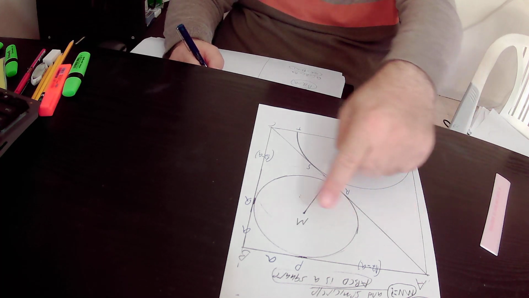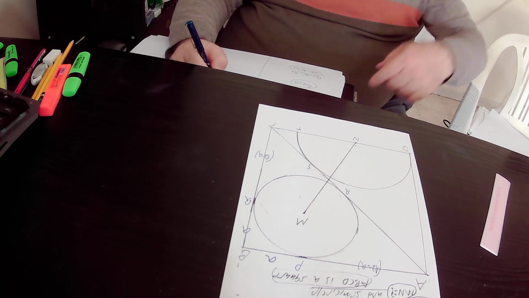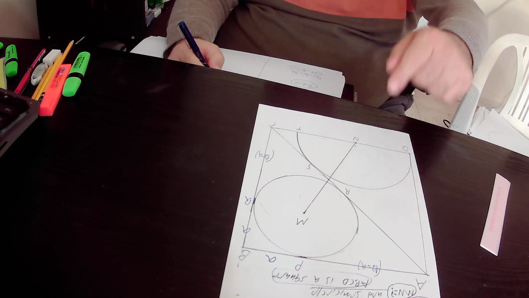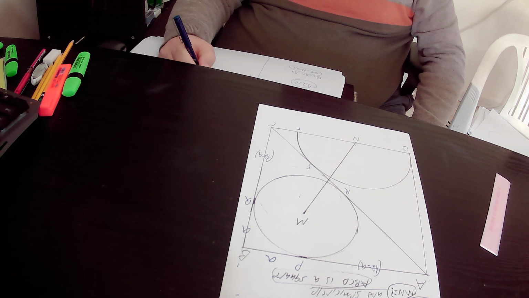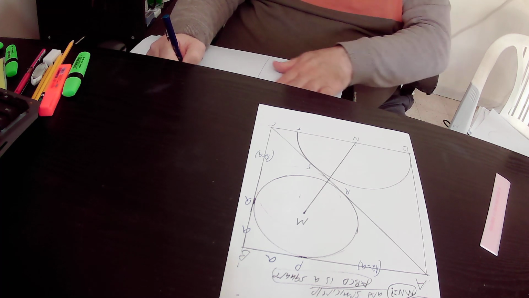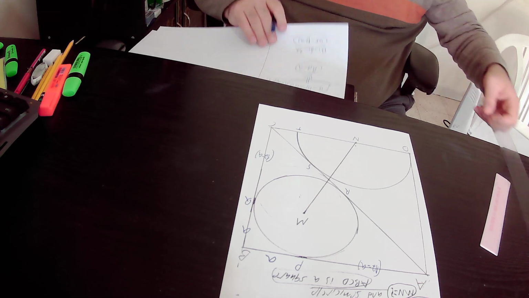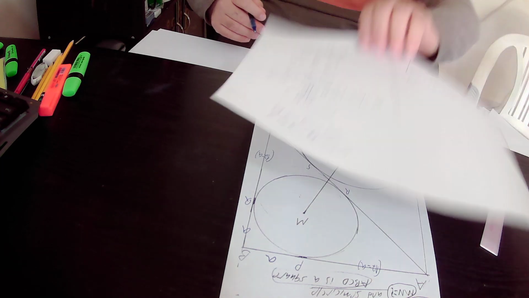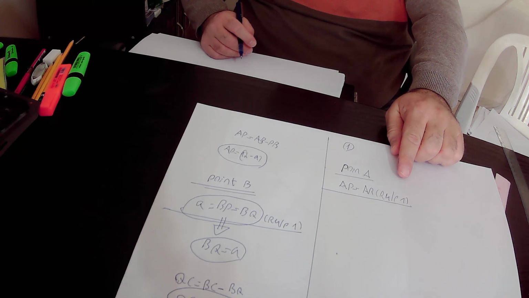The first tangent is tangent AP, and the second tangent is tangent AR. And according to rule number 1, the lengths of those two tangents are equal to each other. That is to say, AP is equal to AR.